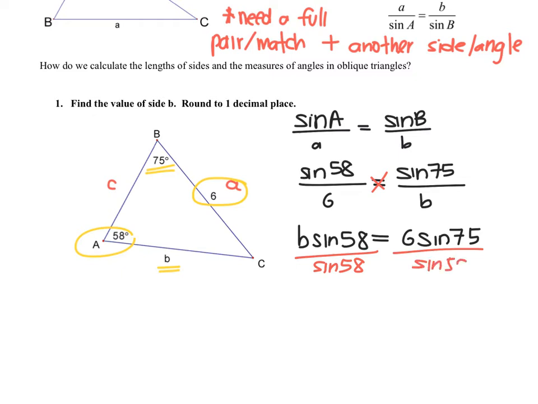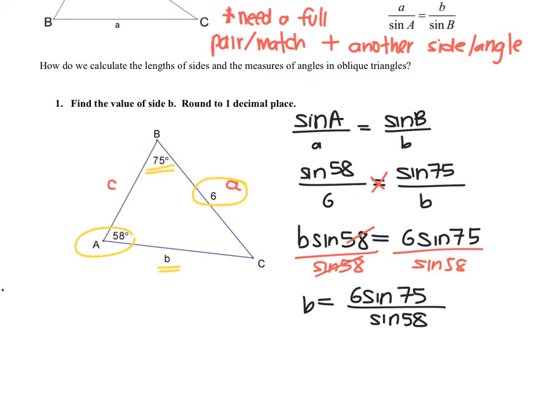That way, on the left, the sine 58 cancels out. And what you're actually going to be plugging into your calculator is B equals 6 times sine 75 divided by sine 58. So I used sine law because I had this full pair for the A's. Now in your calculator, you have to be careful with brackets here.